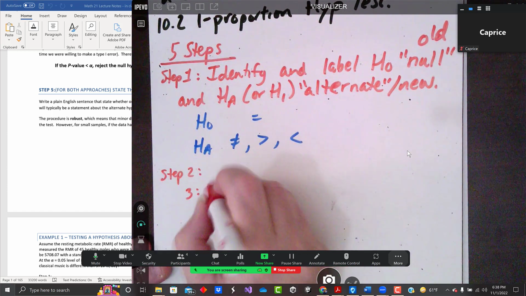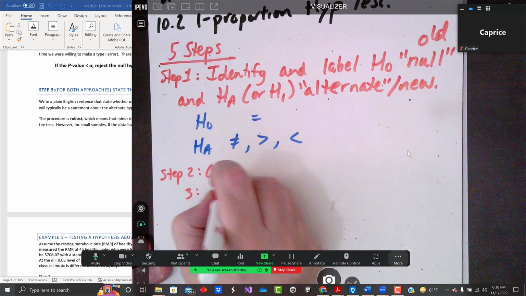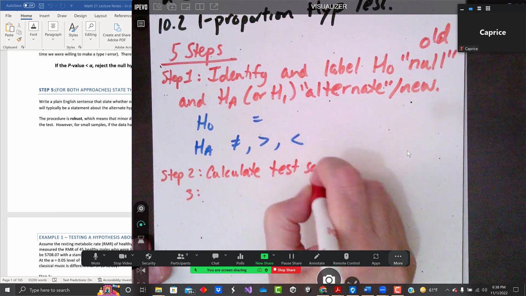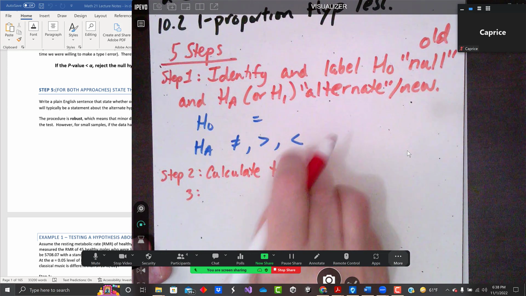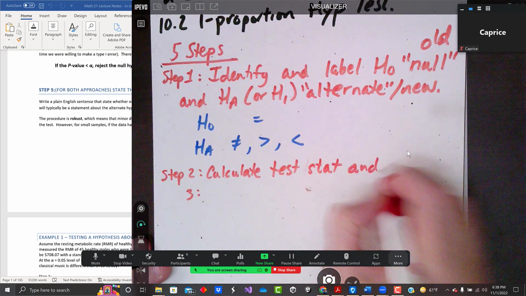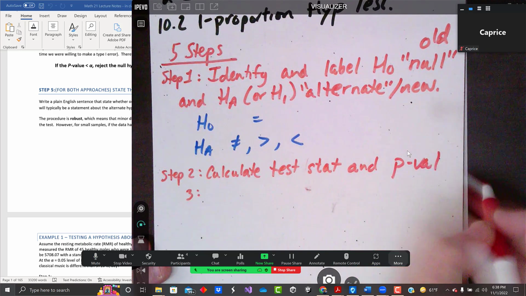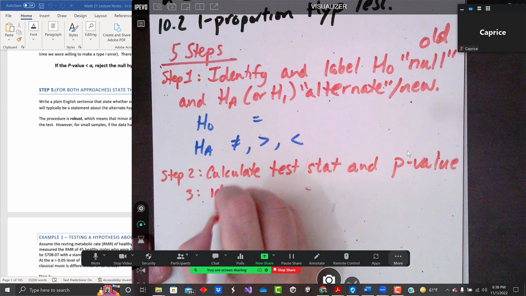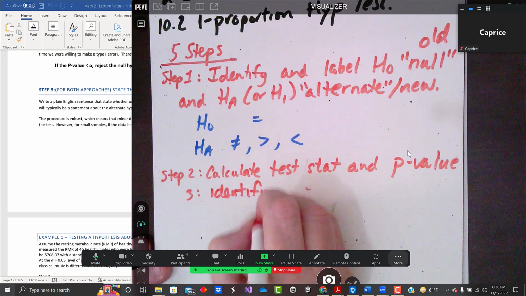Step 2 is calculate the test statistic and p-value. The p-val. And step 3 is identify alpha, the level of significance.